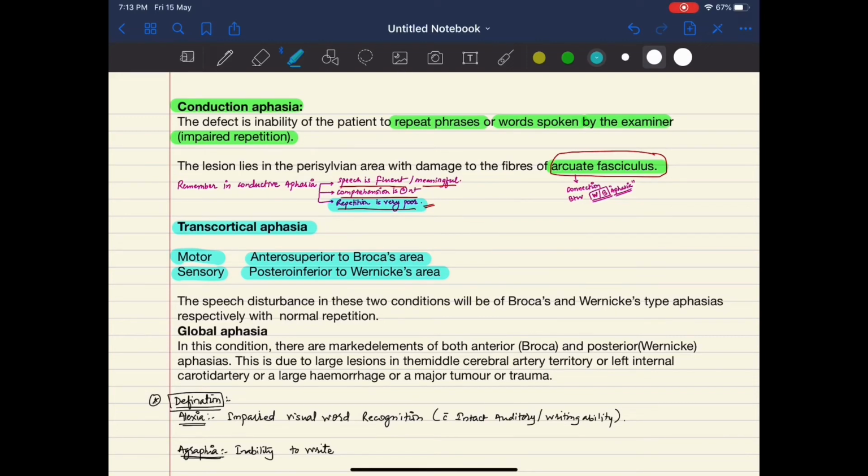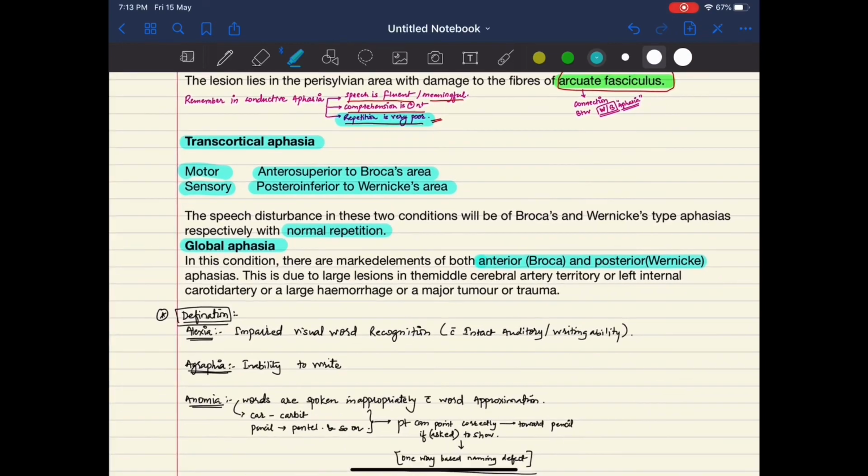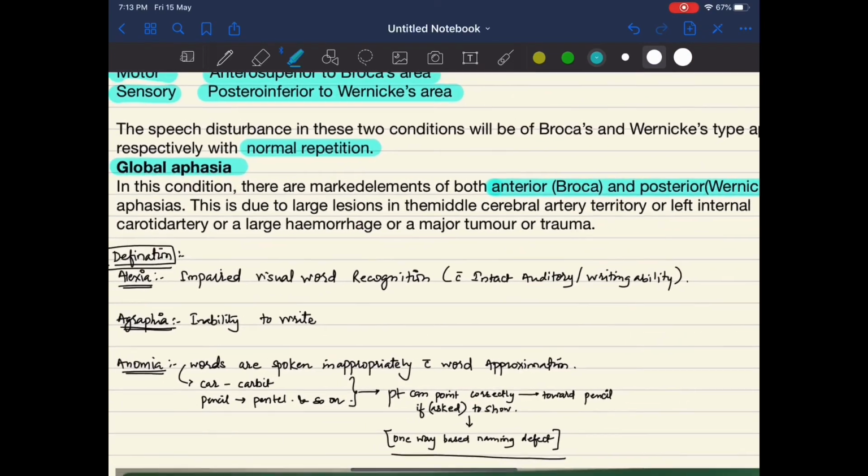The repetition is normal, while we have seen repetition is hampered in both Broca's as well as Wernicke's aphasia. Global, I need not discuss because you know that both Broca's as well as Wernicke's are involved because the MCA territory is involved. Okay, these are the few definitions.